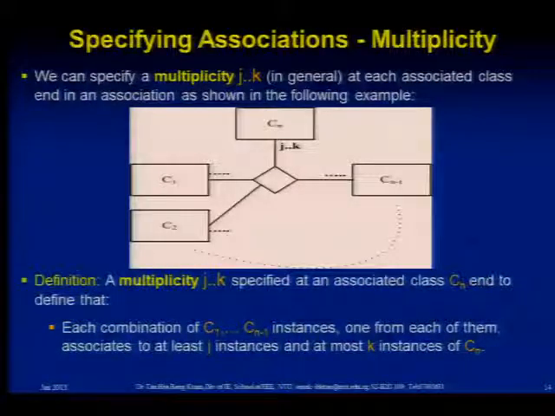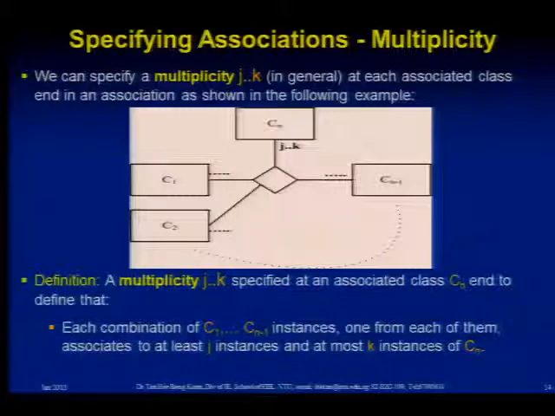So every time you refer to multiplicity at associated class n, you always have to reference each combination of objects, one from each remaining associated class. Associated with at least j and at most k Cn instances.